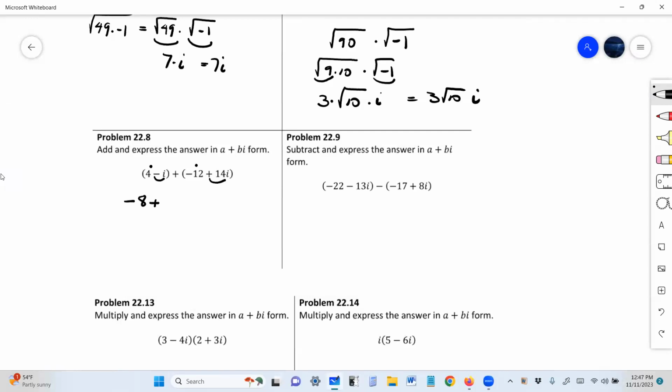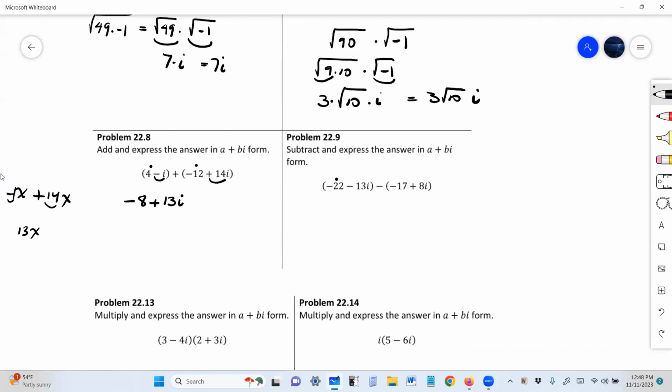So this is plus 13i. Remember, just like with the x, there's an invisible 1 in front of the x, so you do the operation on the coefficient, 14 minus 1, 13x. Same thing here.